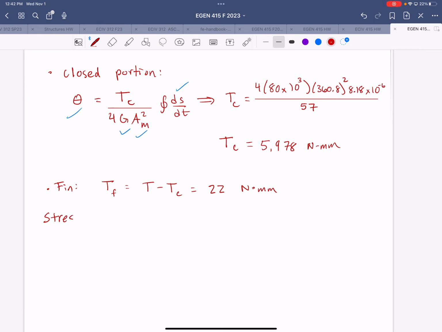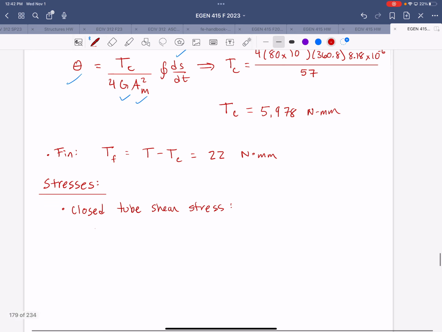For stresses, if we first consider the closed loop portion, we have our shear flow relationship, q, is equal to shear stress times thickness, which is equal to torque over 2Am.